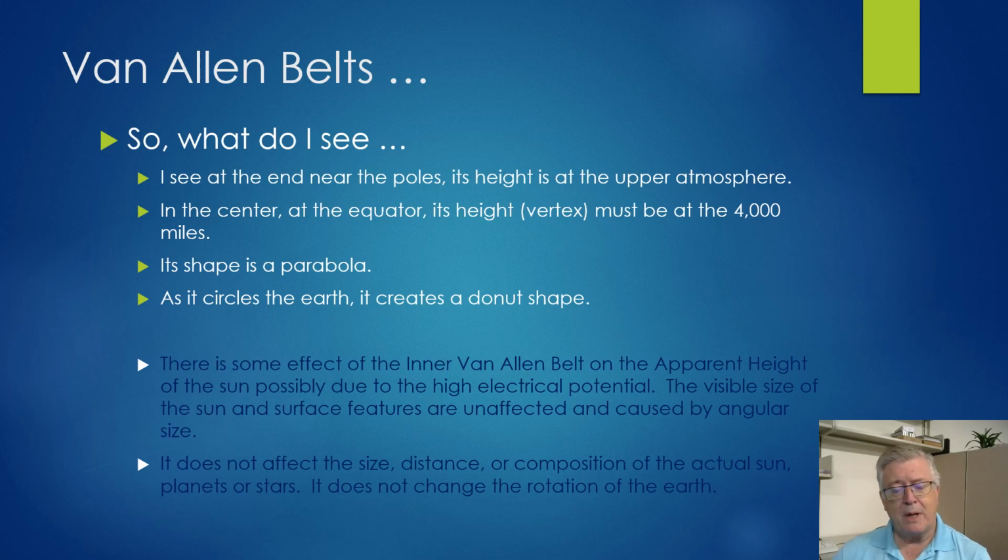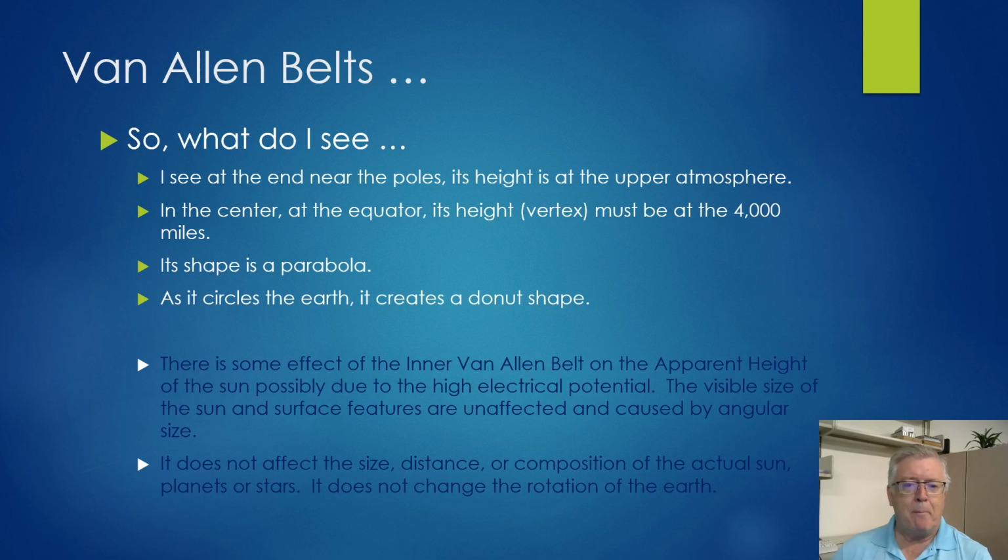The shape of the inner Van Allen belt is a parabola. And as this parabola circles the Earth, it creates a donut shape. Very amazing, I think.